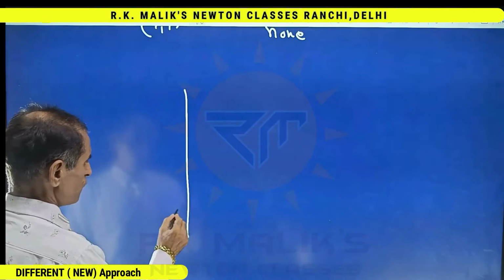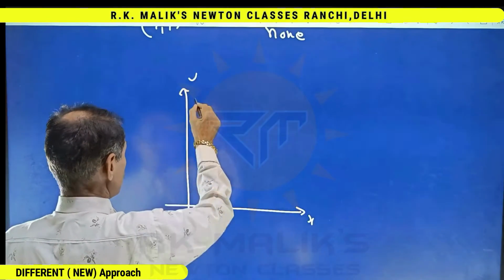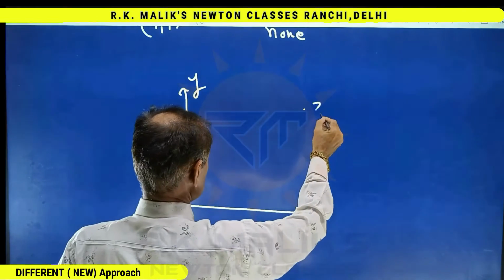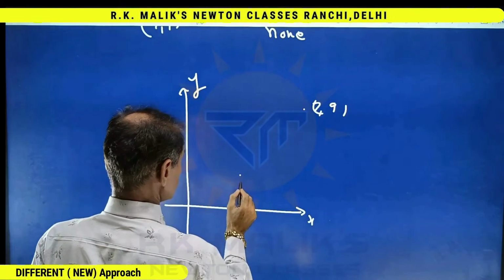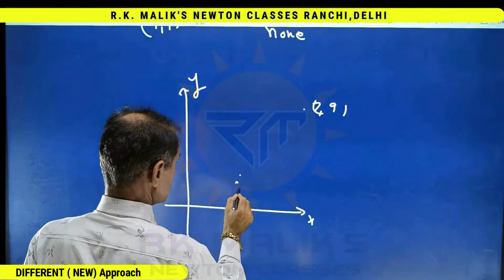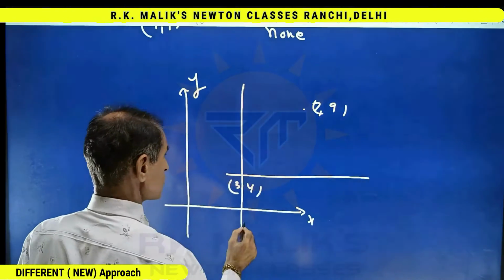For more clarity, once again I tell you, suppose this is the x axis, y axis, this is the point (7, 9). I have to shift the origin to the point (3, 4).